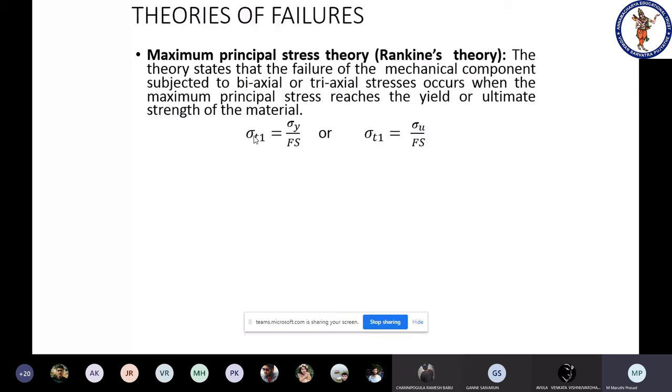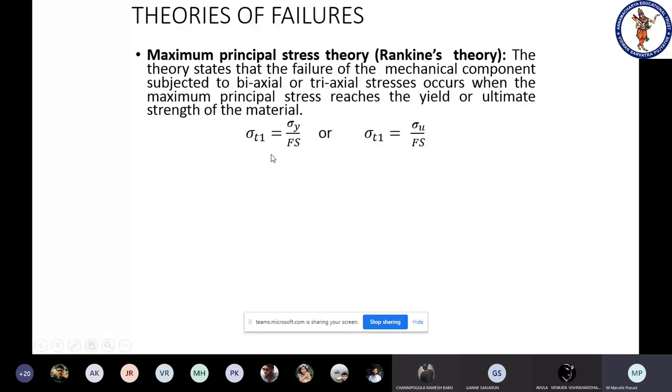So the worst condition which I am taking is sigma T1 equal to sigma y by Fs. It is for ductile material, because the criterion of failure for ductile material is the yield point. The criterion of failure for brittle material is the ultimate point. So when sigma T1 is less than or equal to sigma y by Fs for ductile material, there is no question of failure.